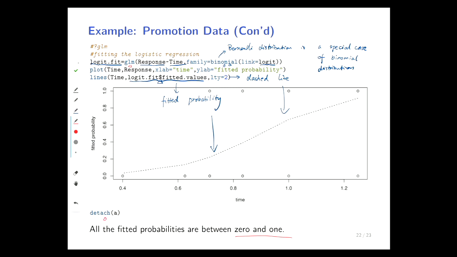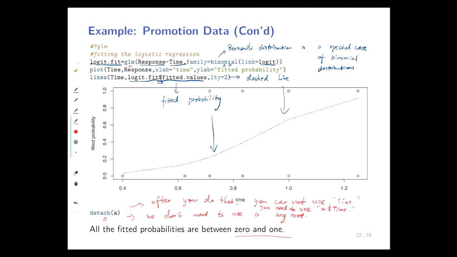And also at last, we detach A. What's the meaning of this detach A? Detach A just means that we no longer want to use A. So after you use detach A, you can no longer use time directly to call this variable, but you need to use the dollar sign, A$time, to call this variable.